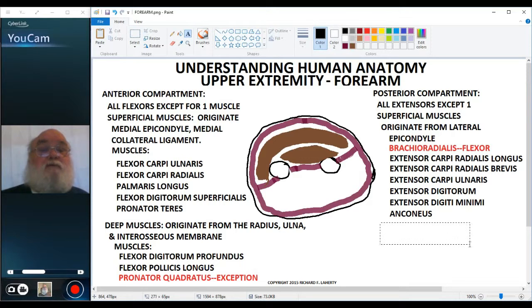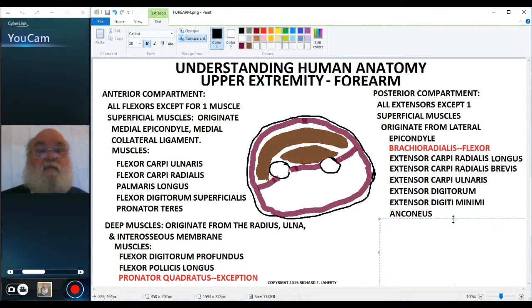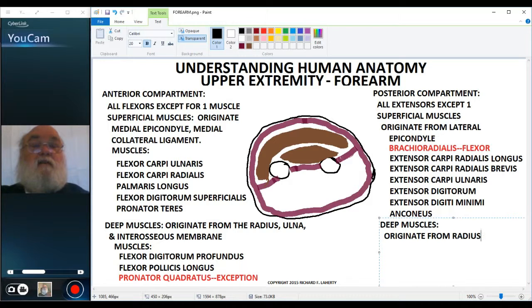Then we have the deep muscles of the posterior compartment. And they all originate from the radius, ulna and interosseous membrane.